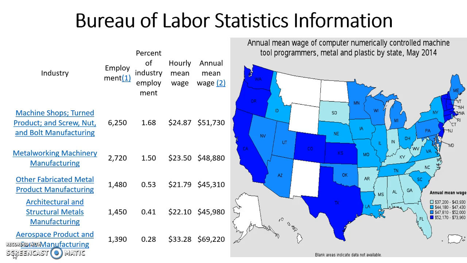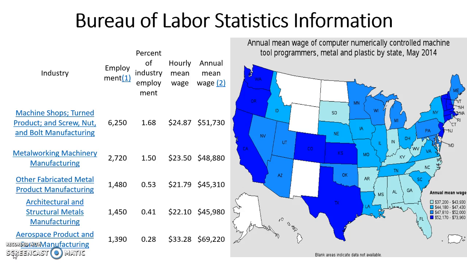Right here shows what some mean salaries are. Mean salaries are middle of the road. It goes higher, it goes lower. Different jobs like the aerospace, which would be Boeing, pays a pretty good wage. Metal working machineries, 48,000. Other fabricating metal product manufacturing, 45,000 a year. You can make good money with this.